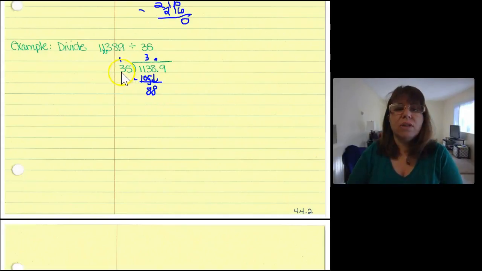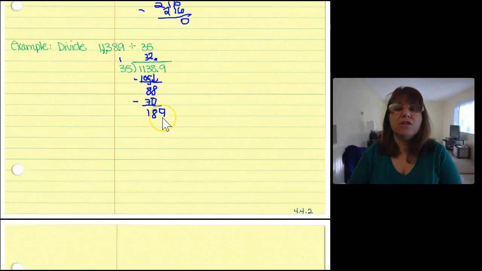All right, 35 goes into 88 twice. 2 times 35, 70. Subtract. 88 minus 70 is 18. Bring down the 9. Remember, we don't have to bring down the decimal because this is our working space. And we've already handled the decimal in our answer.